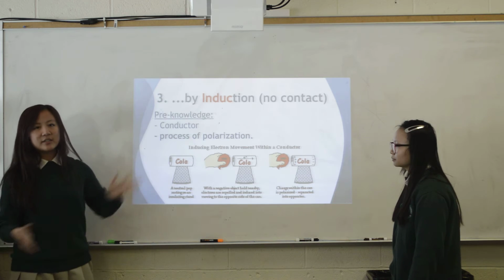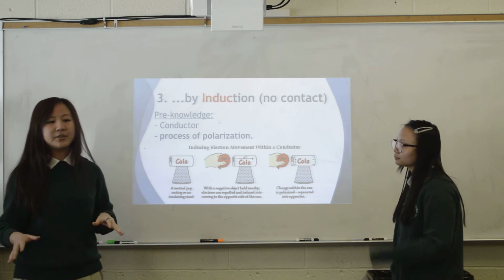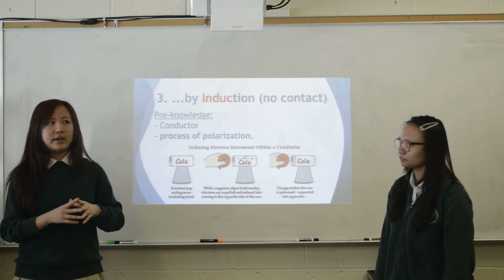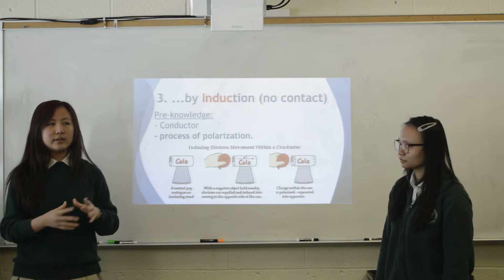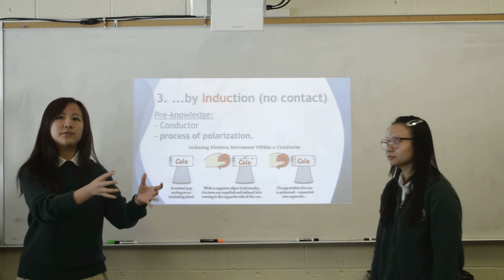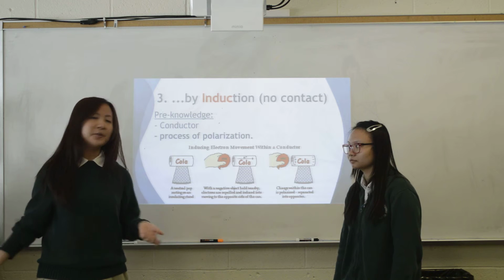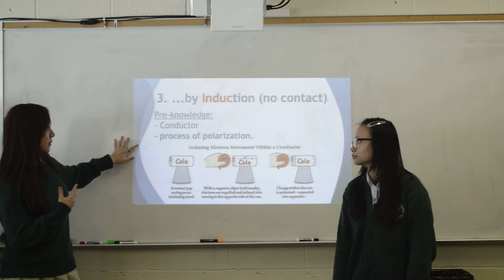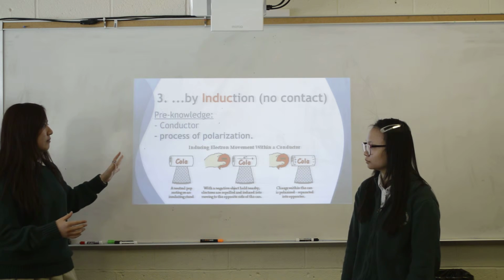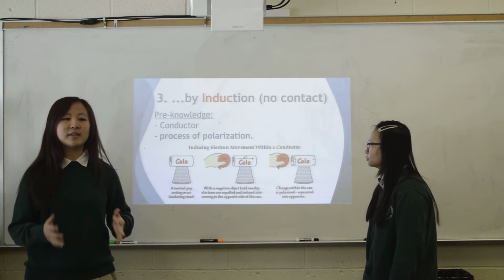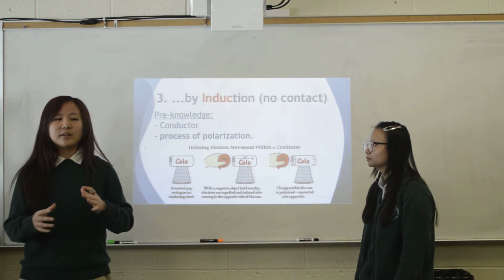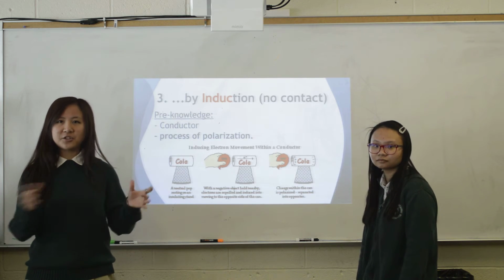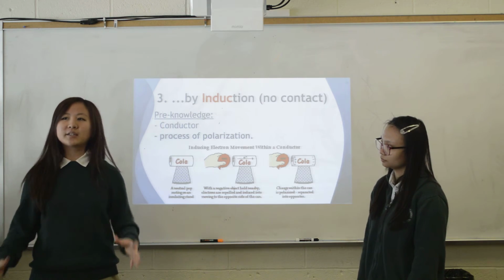First is a conductor. A conductor is a material that permits the transportation of electrons from one object to another. The second concept is the process of polarization. It has a fancy name, but basically it means the separation of opposite charges within the same object.